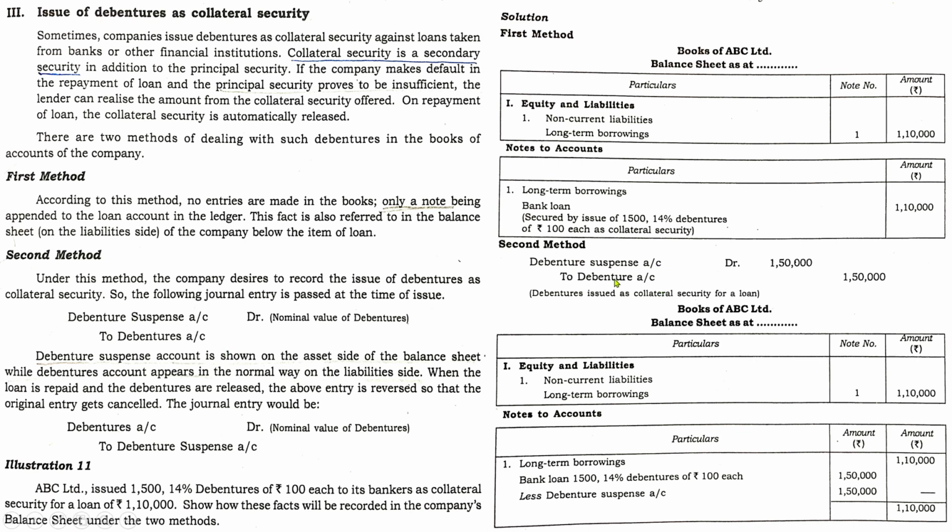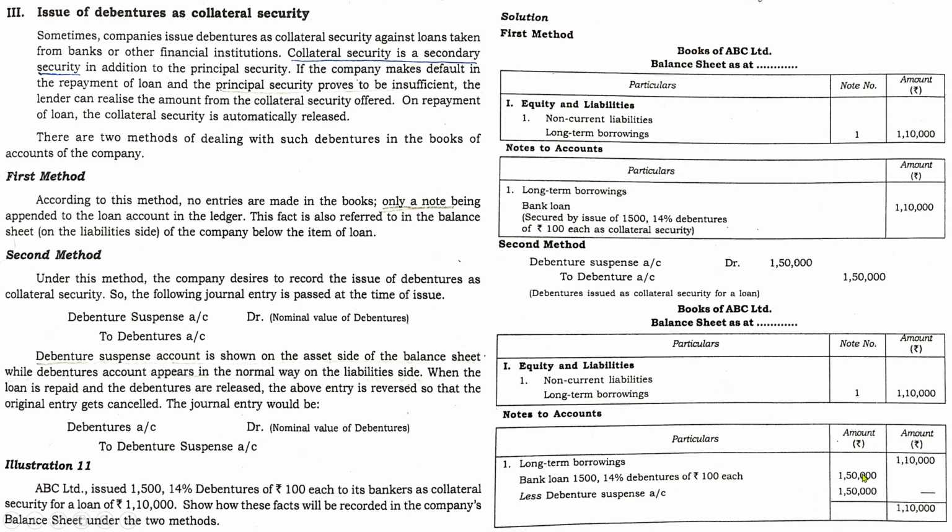So instead of showing an item on the asset side, we can deduct it from the liability item. Debenture suspense is related to the debentures offered as collateral security against the loan. So instead of writing the debenture suspense on the asset side, we can deduct it from the debentures which have been offered as collateral security against the loan.